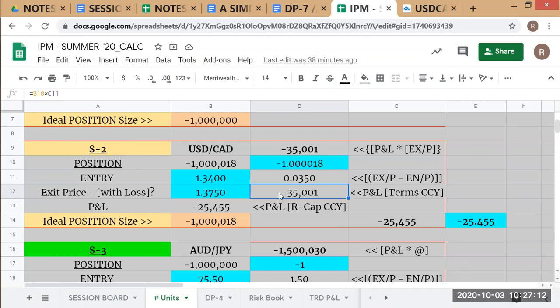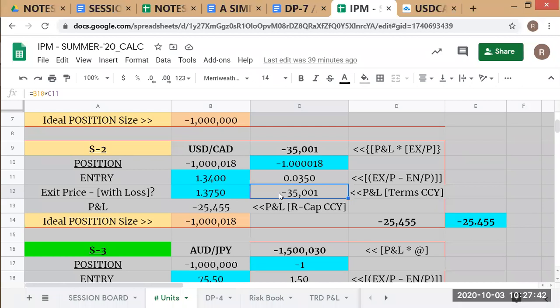So if it's 35K Canadian, at this stage you ask yourself this question: 35K Canadian is equal to how much in US dollar terms? You already know all of this. All of you know this calculation from your Indian rupee situation when you've gone abroad. If you have, say, 75 million Indian rupees, how much is it in terms of US dollars?